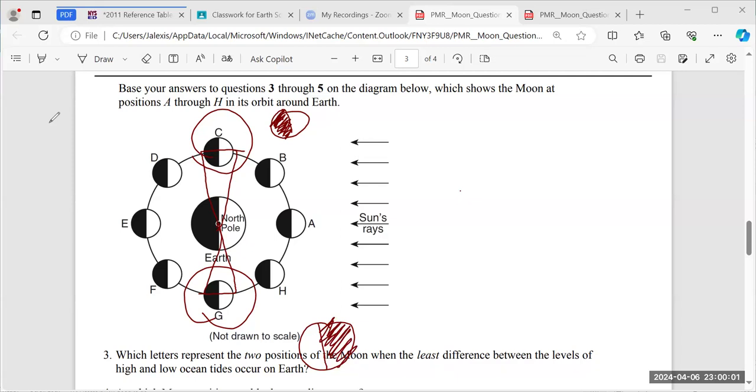And so C and G represent neap tides, which represent where there's the least difference between high and low tide. So C and G would be your correct answer.